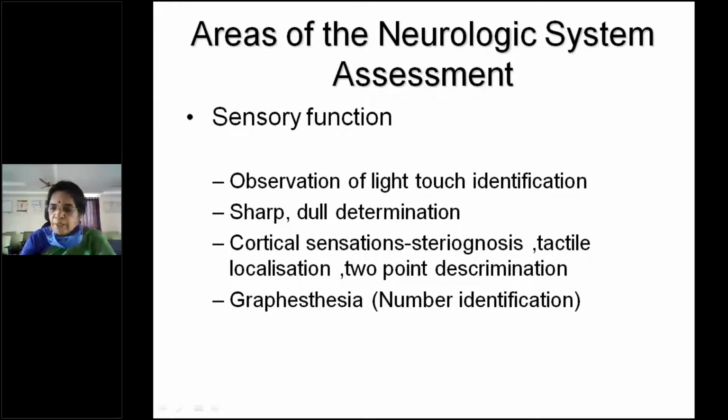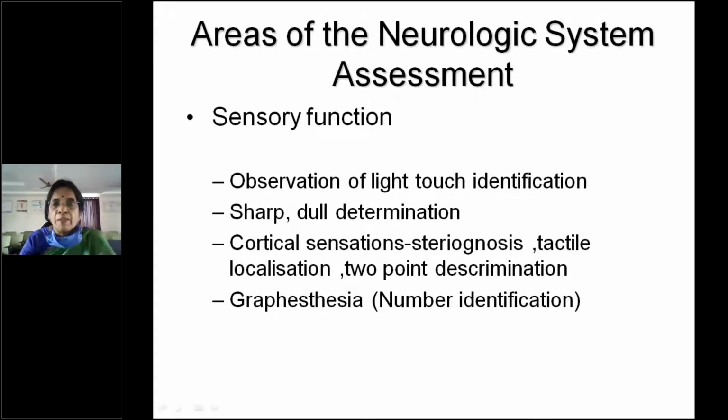A postural tremor you can usually get in thyrotoxicosis, or sometimes professionally, or in alcoholics, anxiety neurosis, and drug-induced cases. The drugs used in bronchial asthma, beta agonists, can also produce tremor. Then there is hemiballismus, one-sided violent movements on one half of the body.